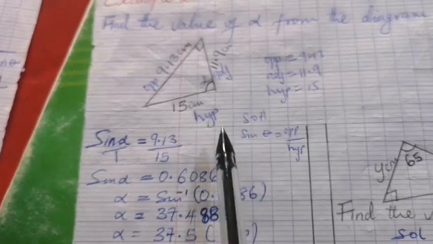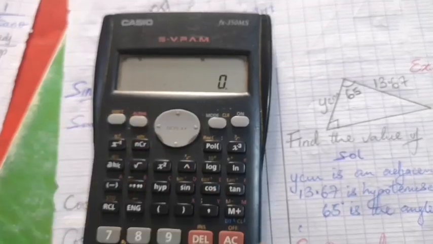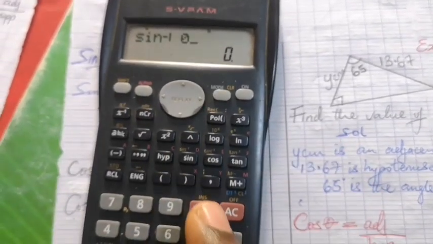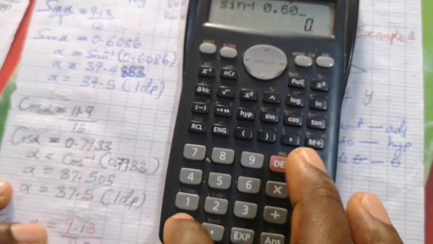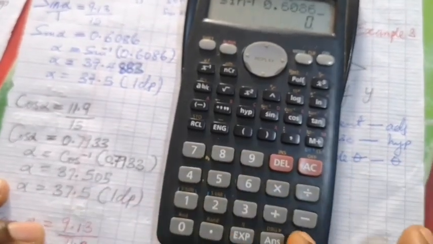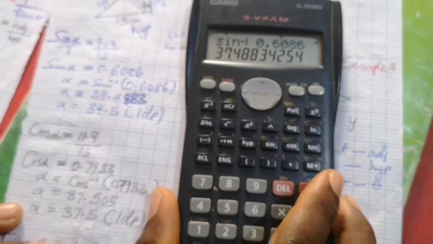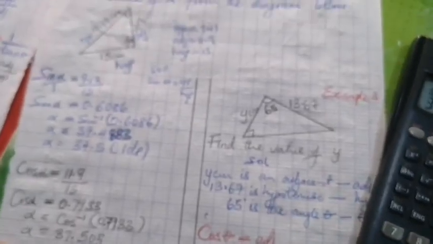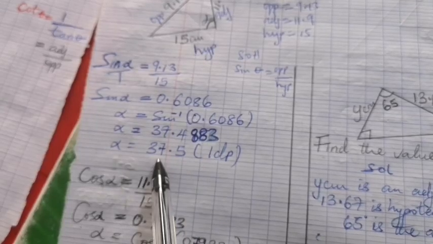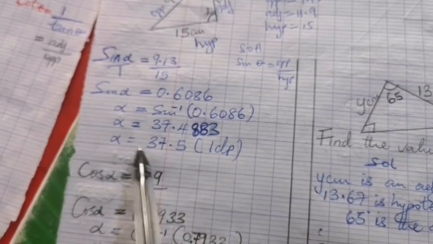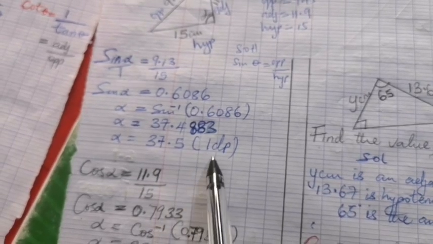To press that on our calculator, you press shift, then sine, then 0.6086. It will give you 37.4883 approximately. So we can approximate it to 1 decimal place. So alpha is equal to 37.5 degrees to 1 decimal place.